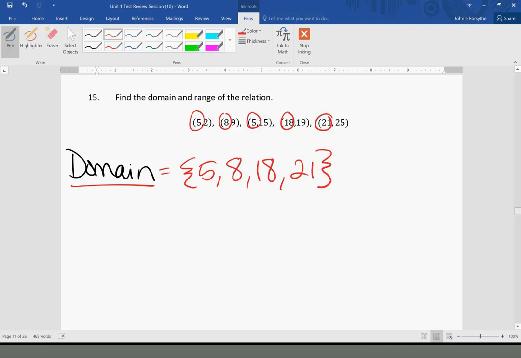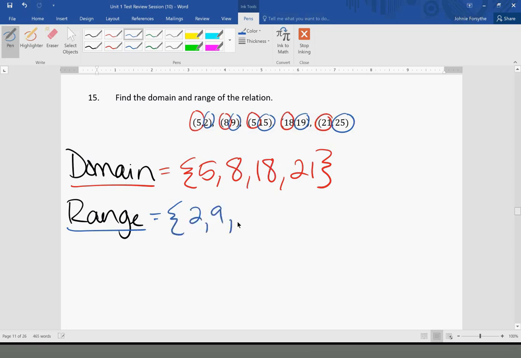You just literally type in the numbers in the x values. Then the range would be all of your y values. So we've got 2, 9, 15, 19, and 25.